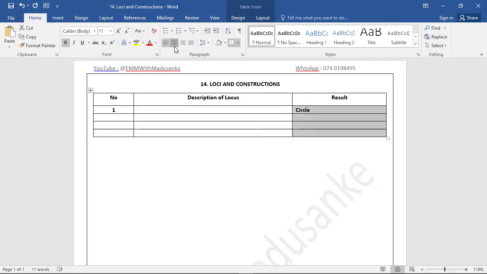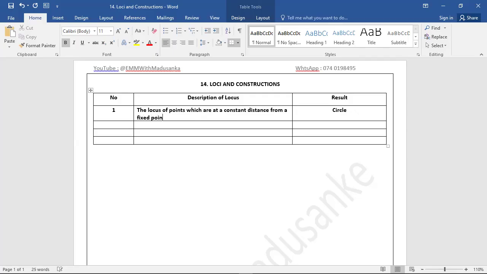And the description of the locus, you can write this with me: locus of points which are at a constant distance from a fixed point. So this is the first thing that we are going to learn.